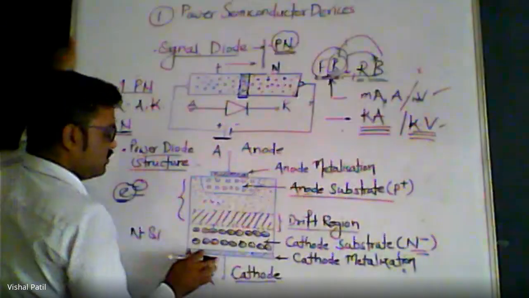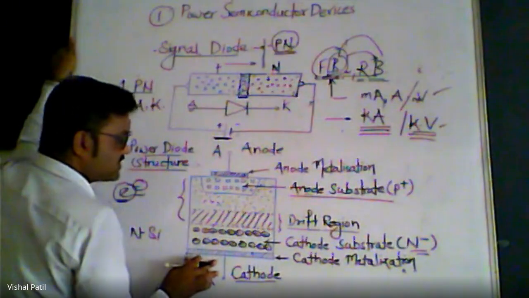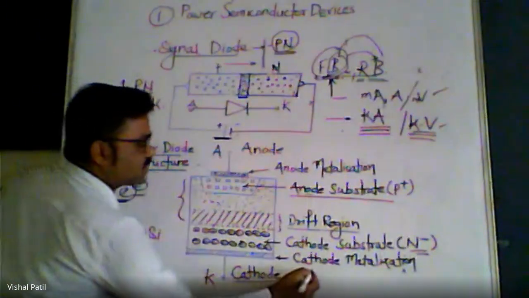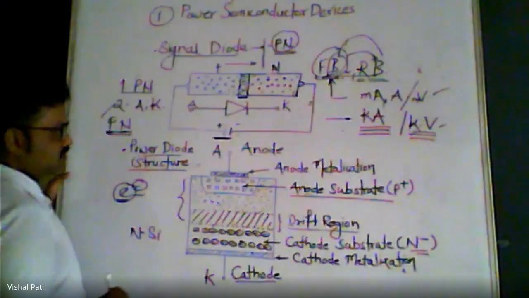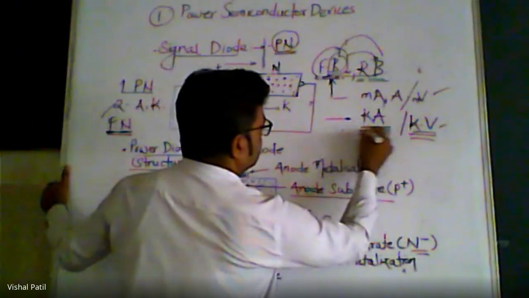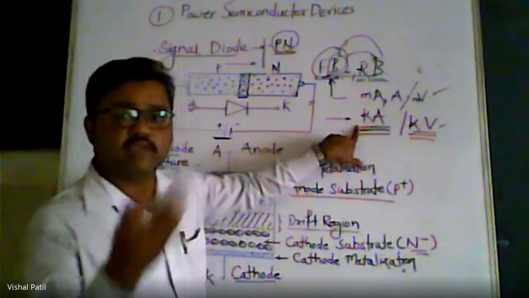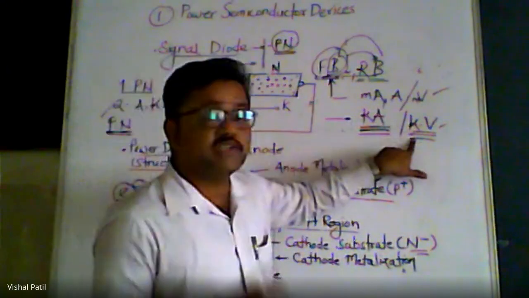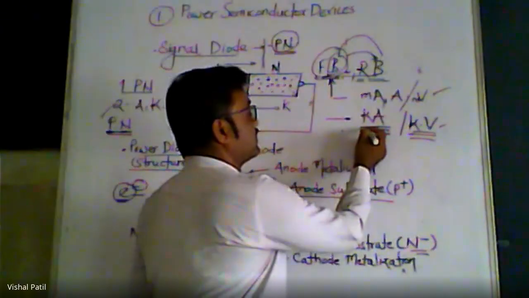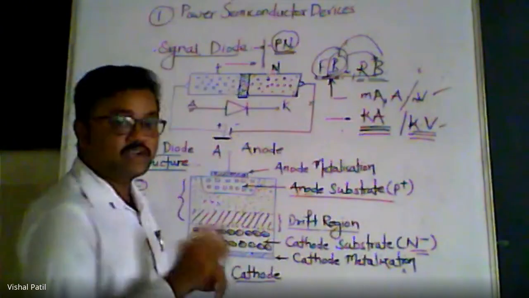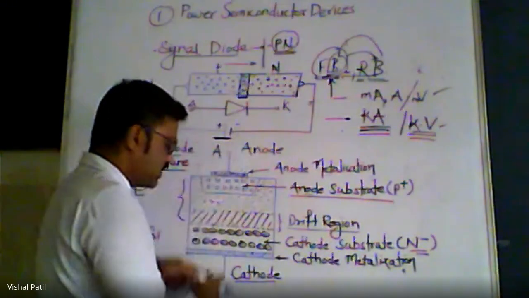We should realize that we need to put in a cathode metallization and an anode metallization. The reason behind this is the ratings with which the power diode is associated. It is very high. The current is very high, in terms of kiloamperes. The voltage is very high, in terms of kilovolts. So when the power diode conducts normally, a very huge current flows from anode to cathode.